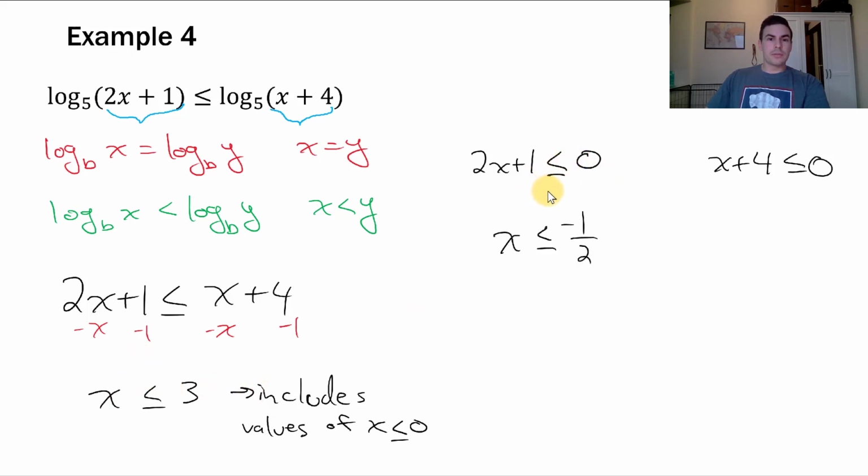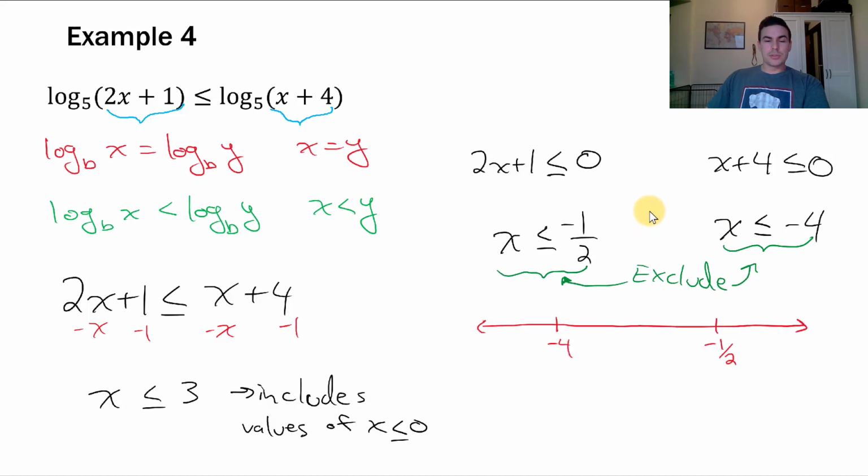If I solve the left-hand inequality for x, I get x is less than or equal to negative 1/2. If I solve the right-hand one, I get x is less than or equal to negative 4. Again, we are excluding both of these intervals. To help us visualize this, we can draw it out on a number line. Wherever my intervals are that I just solved for, I'm going to put an x by that.